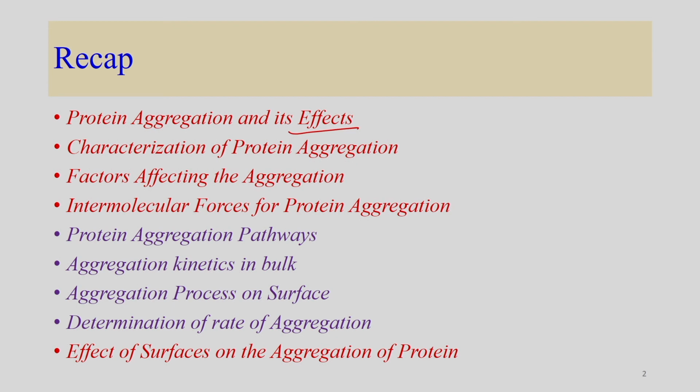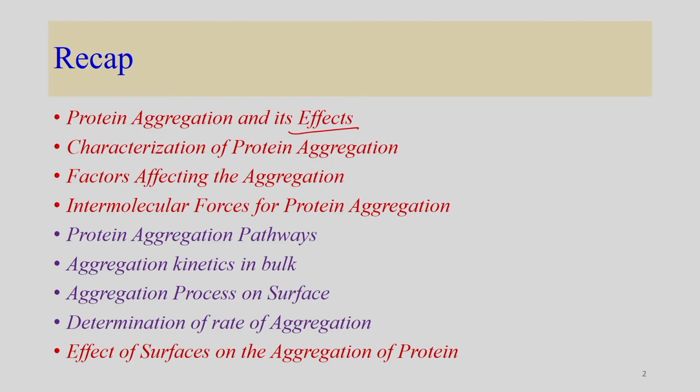In the bulk we discussed the effect of pH, temperature, ionic strength and some denaturing salts. In the presence of a surface we discussed the effect of shear and the effect of adsorption. Then we discussed the different short range, long range and electrical double layer forces responsible for the aggregation of a protein.